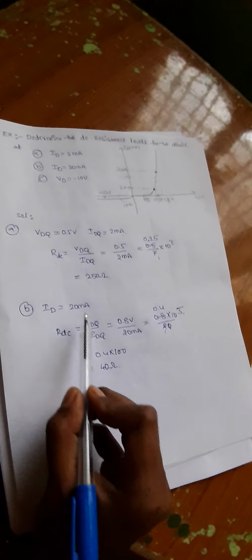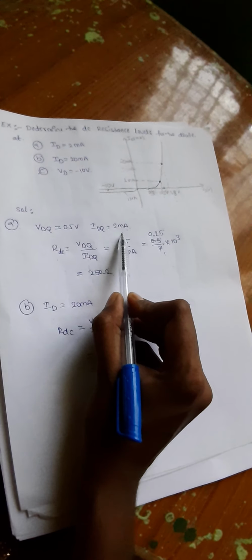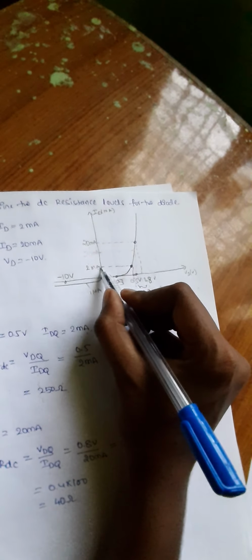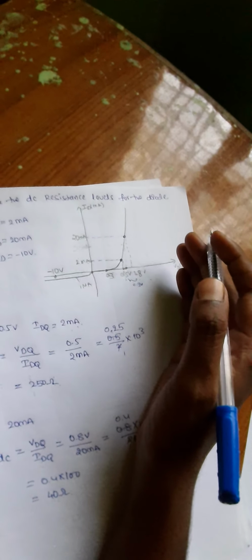For 40 ohms we have 20 milliamps, but for 250 ohms we have only 2 milliamps. As we increase the voltage from 0.5 to 0.8, there is only a 0.3 volt difference, but the current goes from 2 to 20 milliamps. There is a rapid increment of current, so the resistance rapidly decreases.